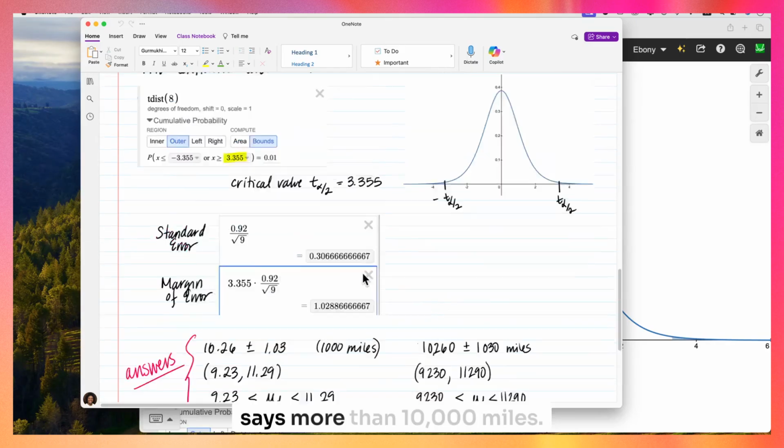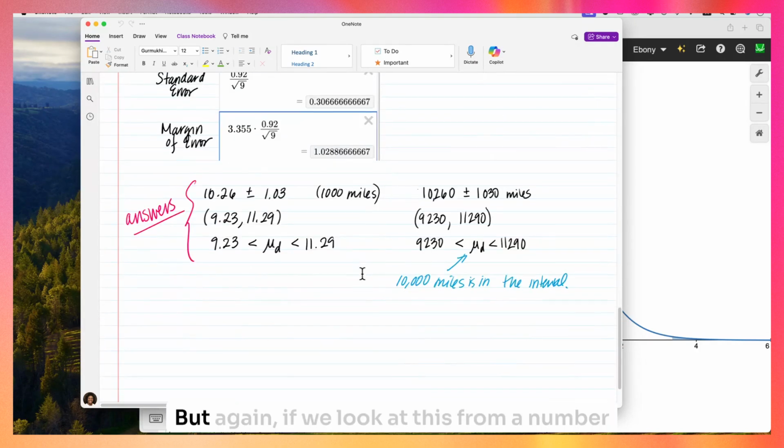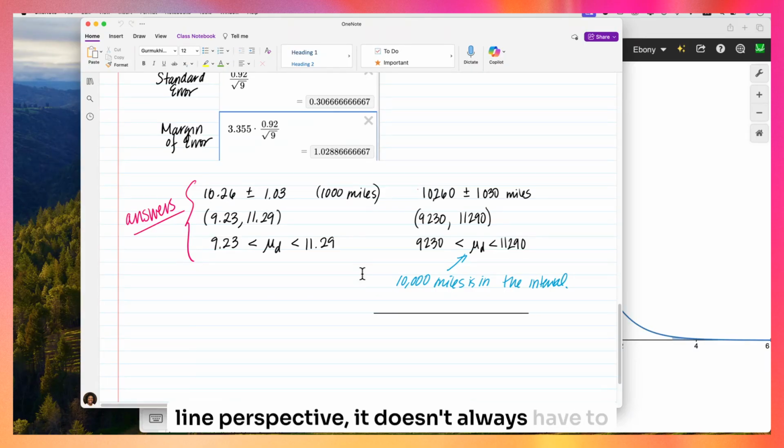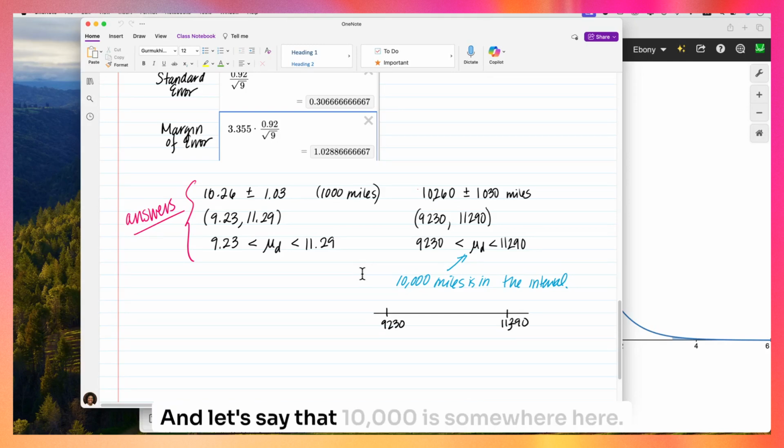Now he says more than 10,000 miles. But again, if we look at this from a number line perspective, it doesn't always have to be more than, because here's the 9,230, here is the 11,290, and let's say that 10,000 is somewhere here.